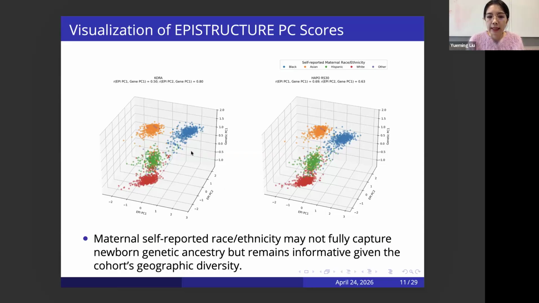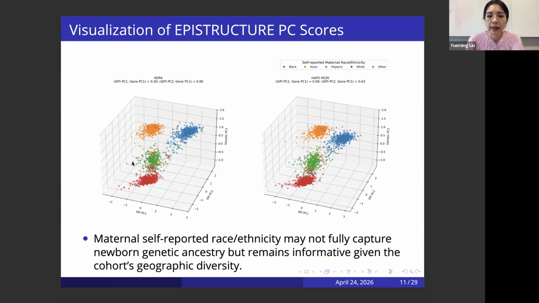We can see there is some pattern here. We also color the points by maternal self-reported race ethnicity. Even though this may not fully capture newborn genetic ancestry, it remains informative, and we can treat it as a reference.